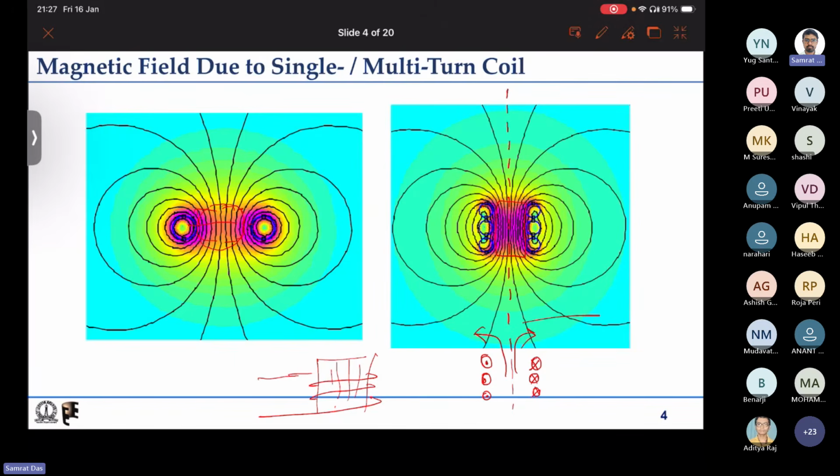None of the flux lines intersect with this line. That is what is defined as the axis of the magnetic field. So for this case also, at the middle of the coil, we can draw an imaginary line which is not crossed by any of the flux lines. That is the axis.